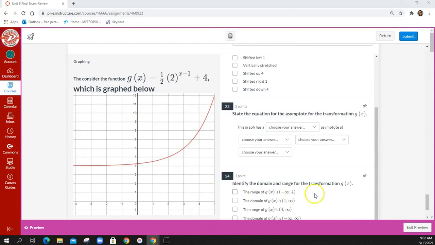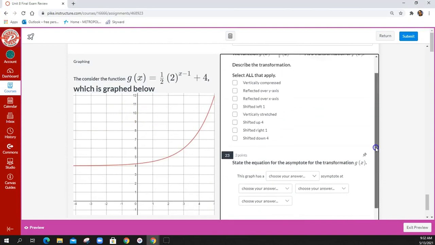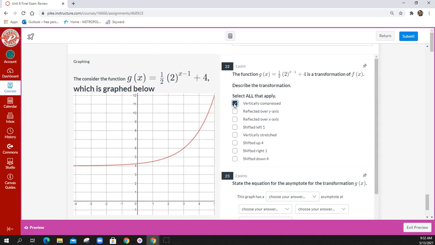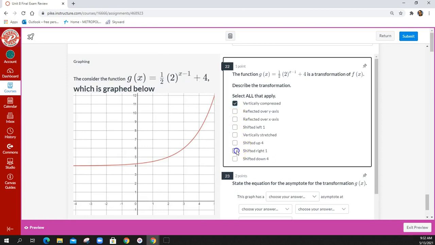Okay, so we're at the last few questions here. So let's look at question number 22. So we have an A value. A is 1/2, which is going to make it vertically compress. Your H value is +1, which is going to make it move to the right 1.